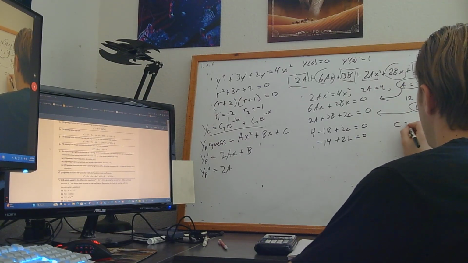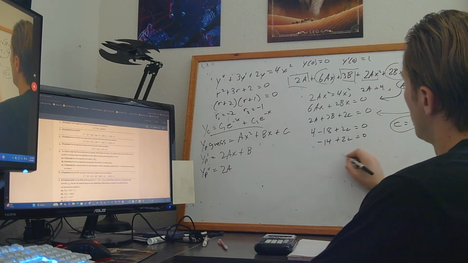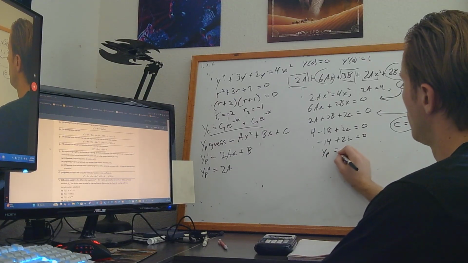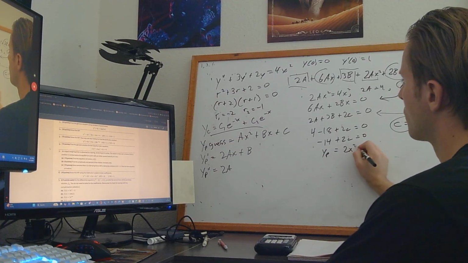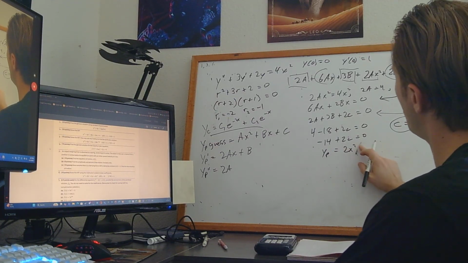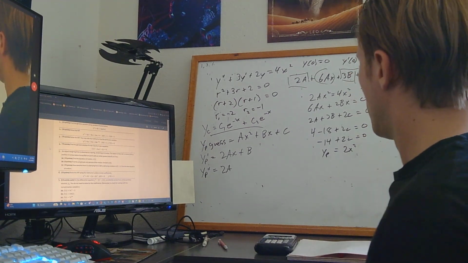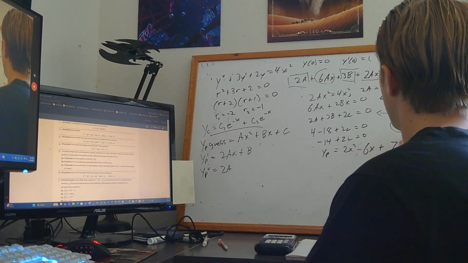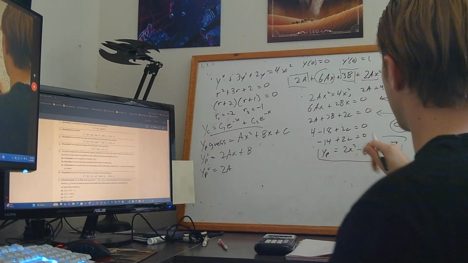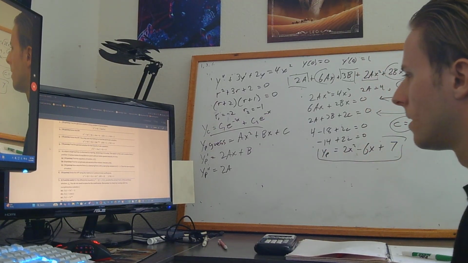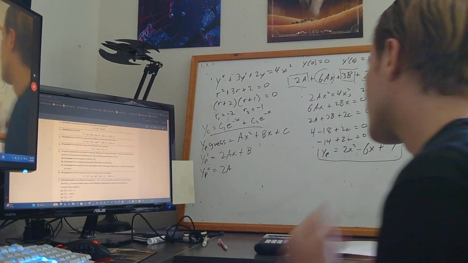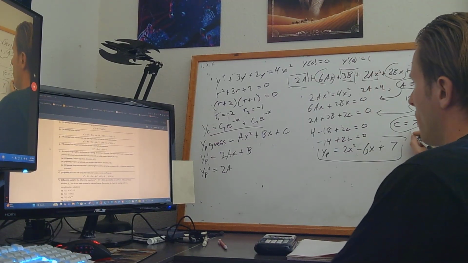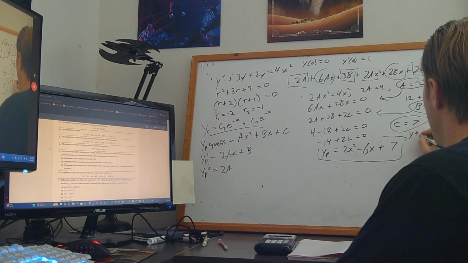So c equals 7. Okay, so that's going to be our y sub p right there: 2x squared minus 6x plus 7. So when we throw all that together, y equals yc plus yp.